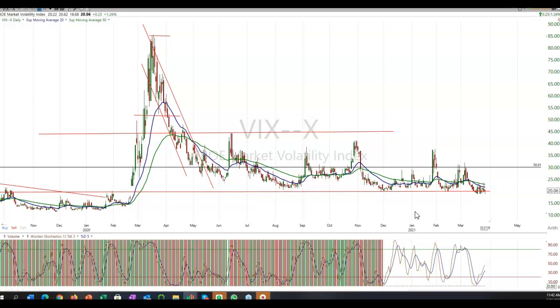Now, maybe the mindset, or maybe this spike here has changed the algorithms that traders, the big institutions, ETFs and funds use. Maybe the algorithms have changed now to make 20 the baseline and 30 the top line.